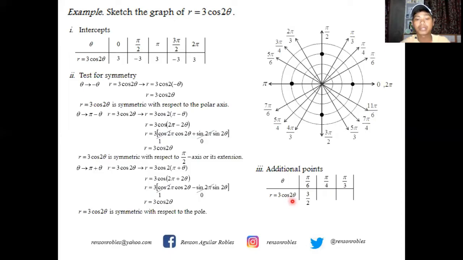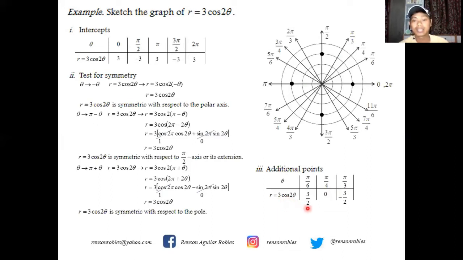Cosine pi over 2 is 0 times 3, that is 0. Then for pi over 3, 2 times pi over 3 is 2 pi over 3, and cosine 2 pi over 3 is negative 1/2 times 3, that's negative 3 halves.